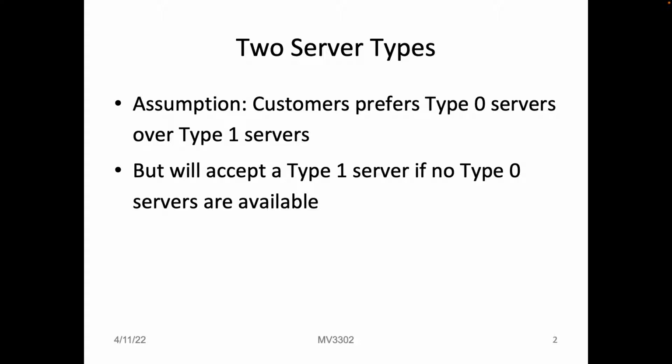But here we notice that there are two different types of servers. One use case of this is, say, a fabrication shop where you have machines that perform one particular type of function, and you have two different types of machines that perform the same function.